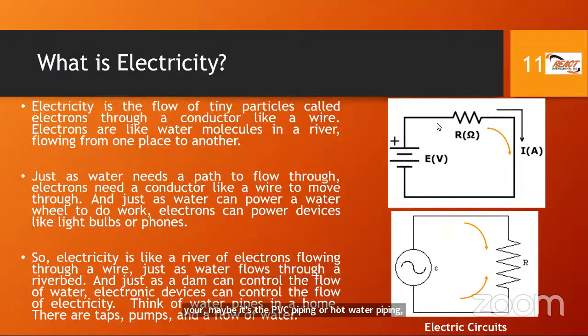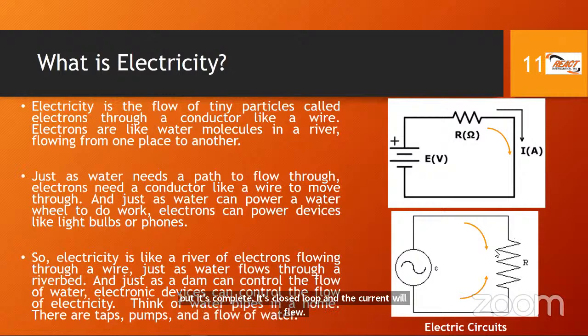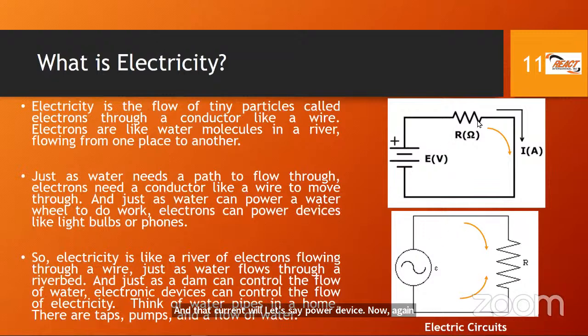Similarly, in electric circuits, you need a wire, a conductor, for the electrons to flow. So see this one here, a DC circuit. This one is an alternating current circuit, but it's complete, it's a closed loop, and the current will flow. And that current will power a device, again, whether it's your refrigerator or a lamp or bulb or something like that. So, two examples of schematics.